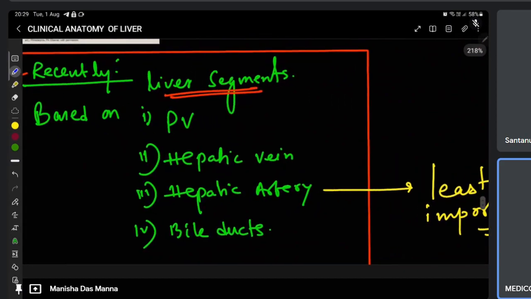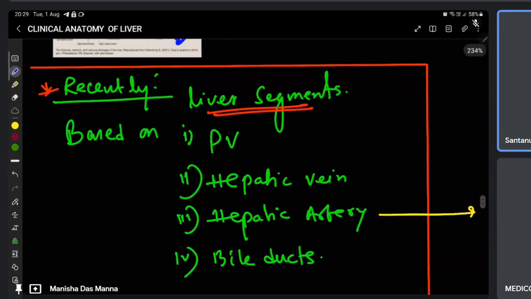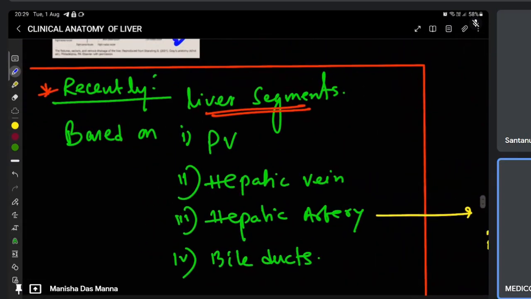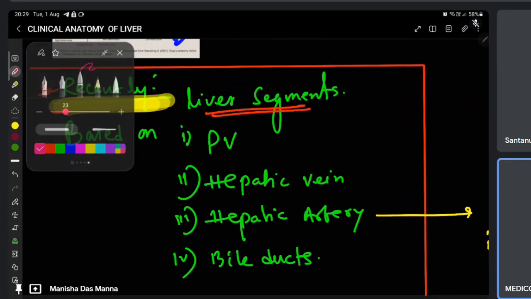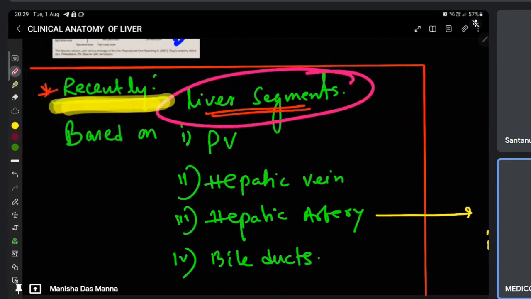But these studies are an old concept. A very recent update is telling us that the classification of liver segments is not only on the basis of portal vein or hepatic vein, it is also on the basis of hepatic artery and bile ducts. So there are four classification tools.